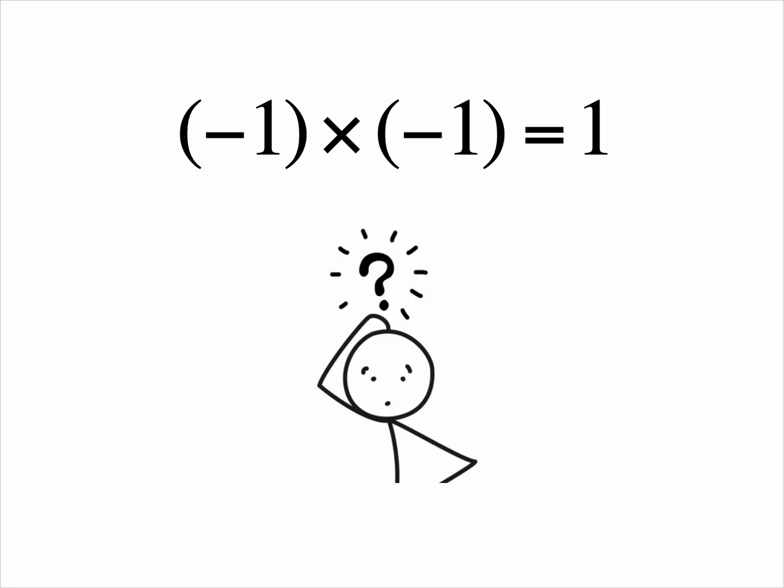Let's try another way. Okay, so I'm going to ask again, why is -1 times -1 equal to 1? And now I don't want to think about interpreting this in real world things directly. I want to think about the properties of arithmetic, and I will give some real world examples to justify these. If we have these negative numbers, we really want them to work in the same way the positive numbers do.